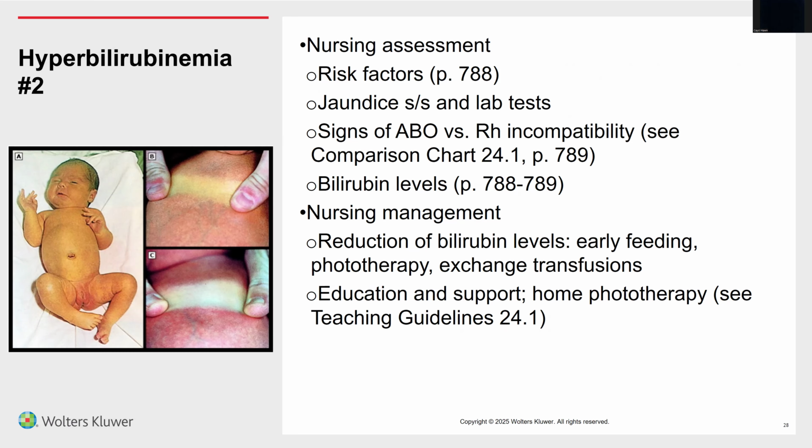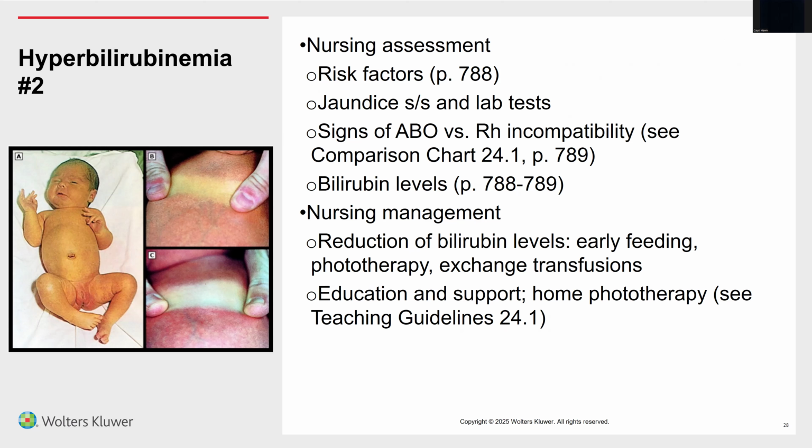It uses optical spectroscopy light to detect bilirubin levels through the skin. And then, of course, we can always get a serum bilirubin level through a capillary heel stick or a venous stick. And with that, you can get the total amount of bilirubin, the direct or the indirect bilirubin levels, which tells you the conjugated versus the unconjugated levels in the blood.